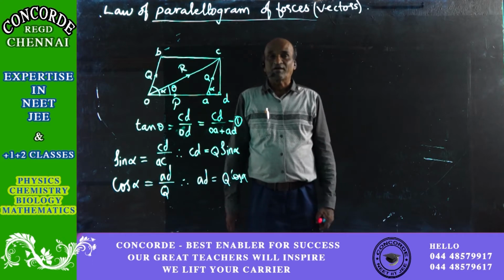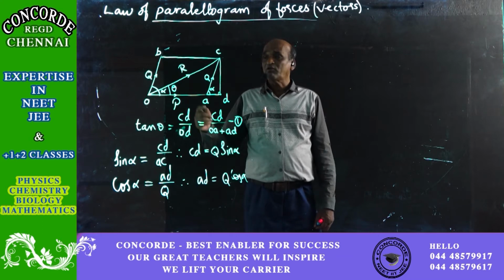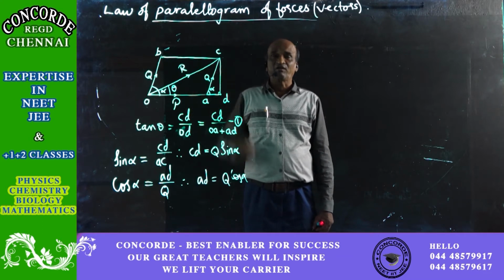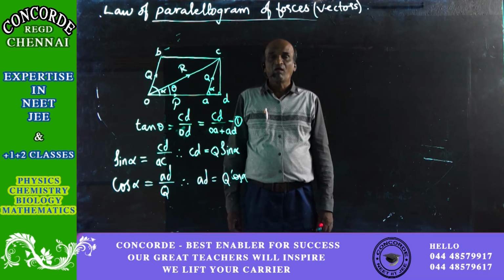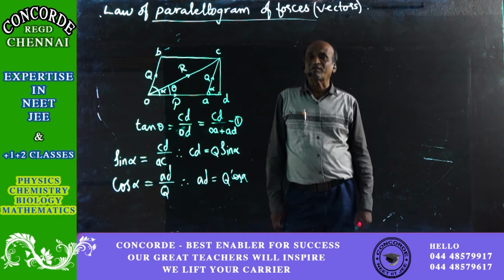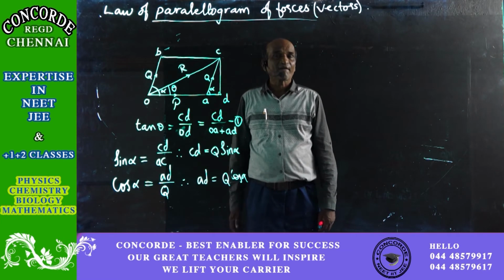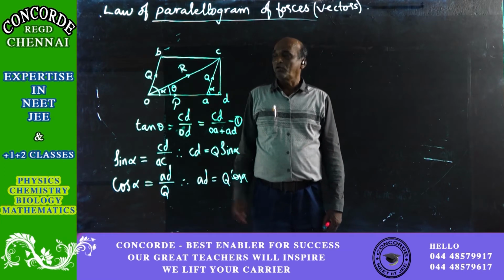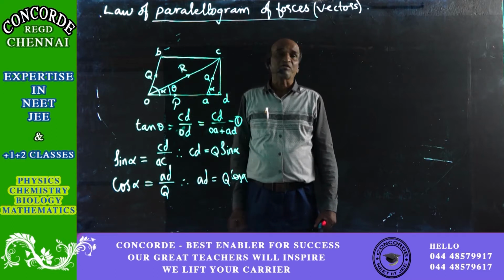Thereafter, for completing the parallelogram, we know that for the parallelogram, the opposite sides are equal and parallel. For that reason, whatever be the length that is representing a vector, it can also be shown by the opposite side. So, for the vector P which is given by OA, it can also be shown by BC.